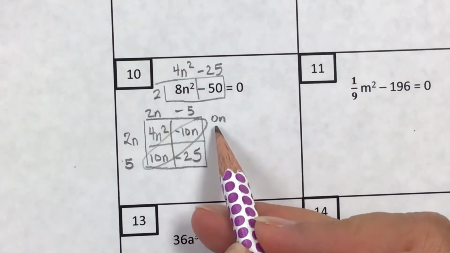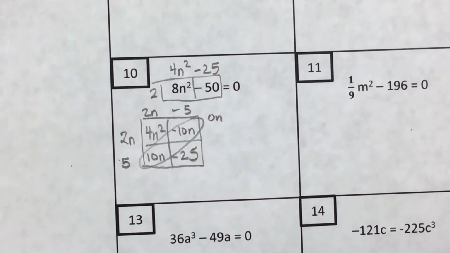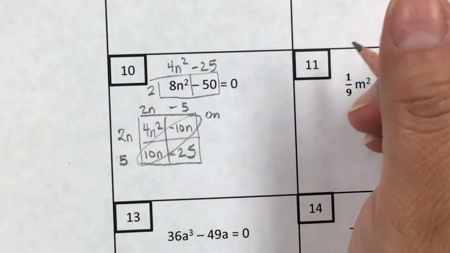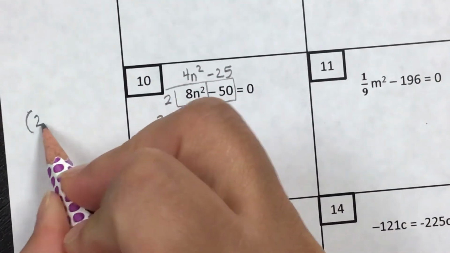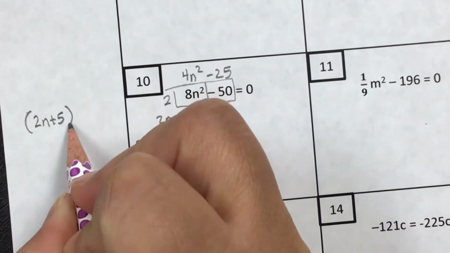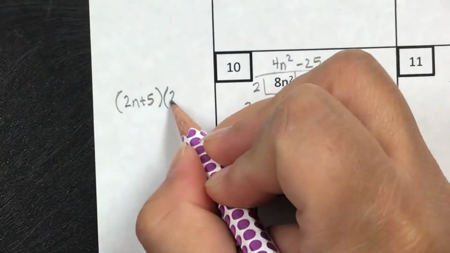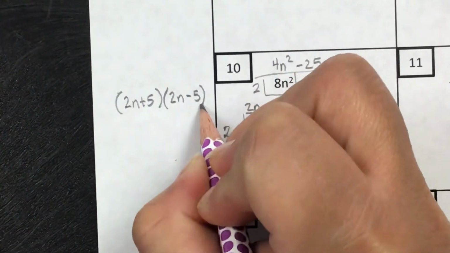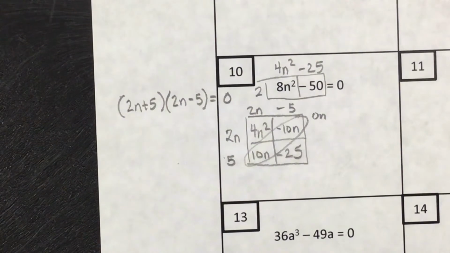And that's supposed to be a 0n, by the way. Making my 2 factors, 2n plus 5 and 2n minus 5. It's still equal to 0, but can I ignore that 2 now?